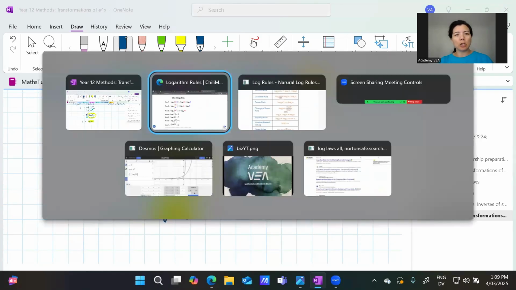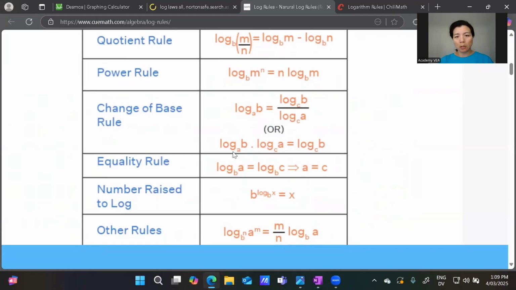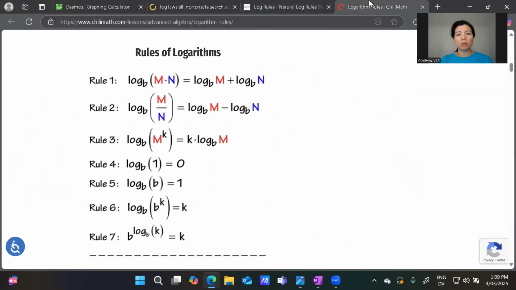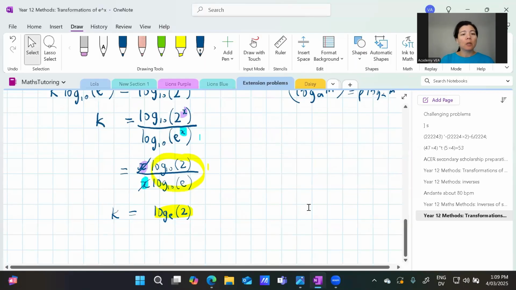That is using the change of base rule, which is listed in QMath, but not on this one. Interesting. Okay, it is what it is.